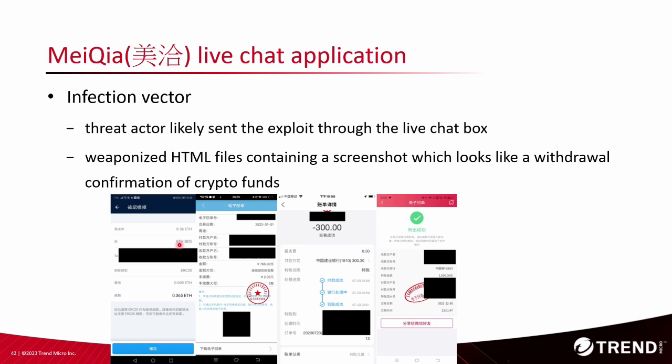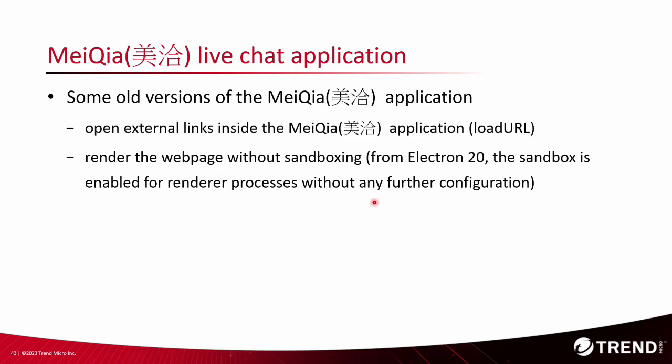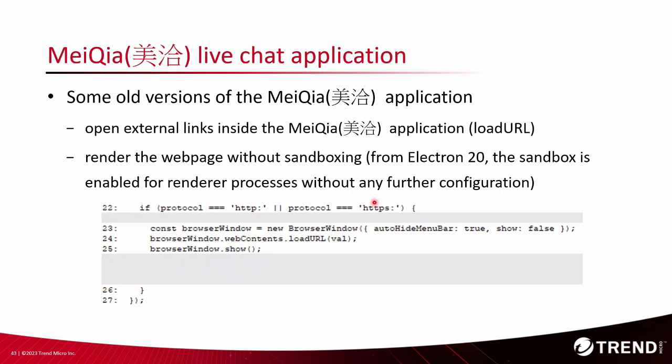When this file is displayed or executed within the Electron application, something like this is displayed to the victim: some kind of payment confirmation of the cryptocurrency. But this is only the visual display of the picture, while on the back end the malicious JavaScript is executed. In some old versions, the Meiqia application opened external links or external content within the application by calling loadURL.